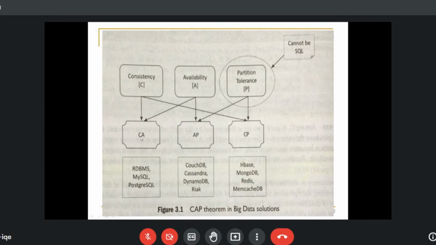And here you see consistency and availability. If it is a case of a standalone machine, not a distributed database scenario, then we have this solution: relational databases like MySQL, PostgreSQL. So it is an SQL relational database. But if we have a distributed scenario, then we have to think about whether the database is distributed.